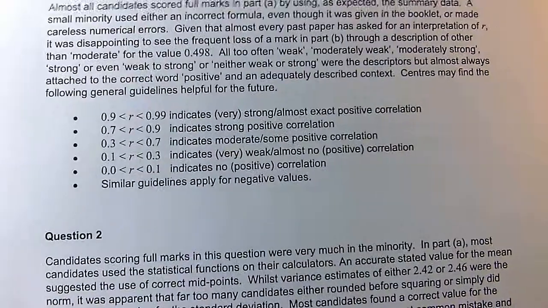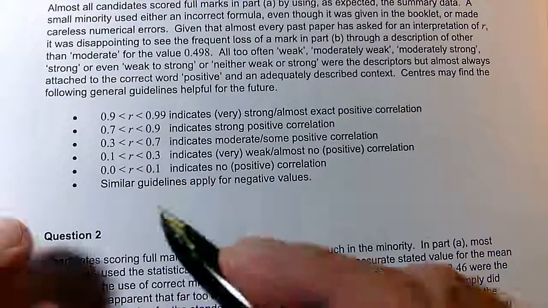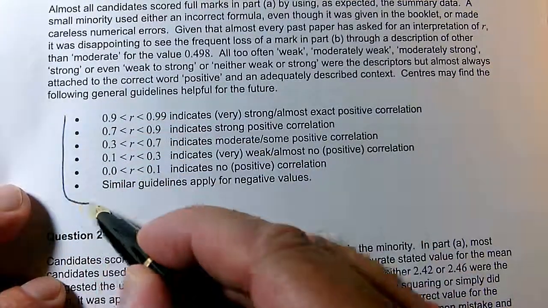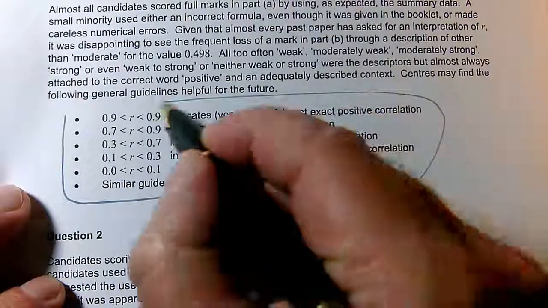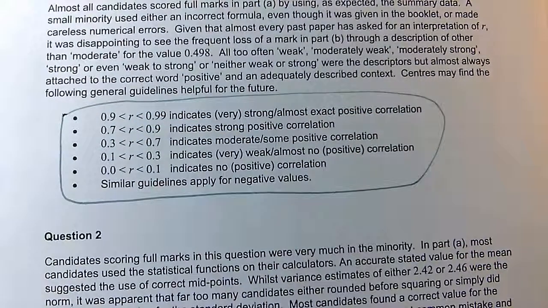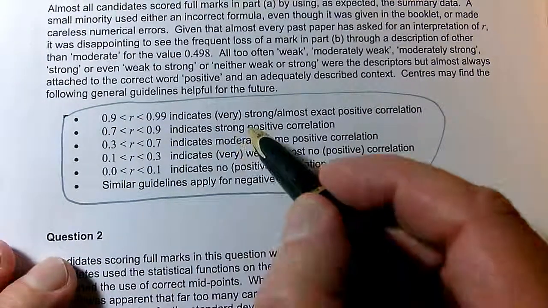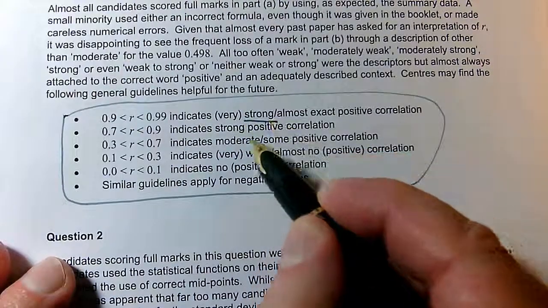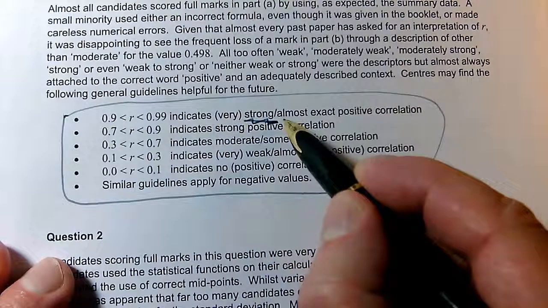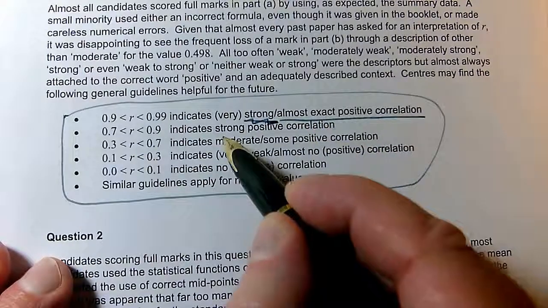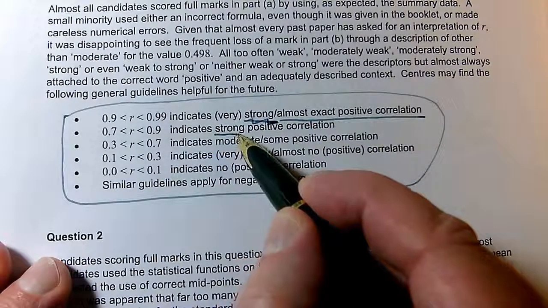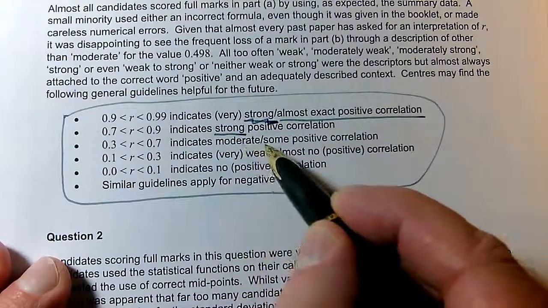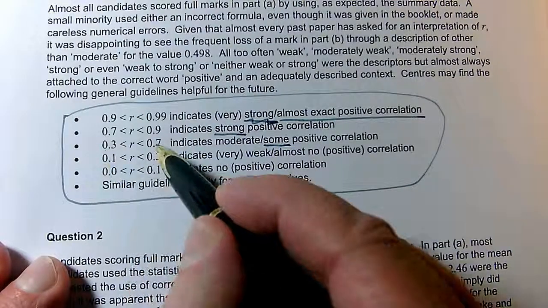Now remember these guidelines about strength of correlation. Actually, these are not in your notes, but if you haven't already done it, put these guidelines, you just need to write down the word. So for almost exact, let's go for strong positive correlation for that one. Let's go for some positive correlation for 0.3 to 0.7.